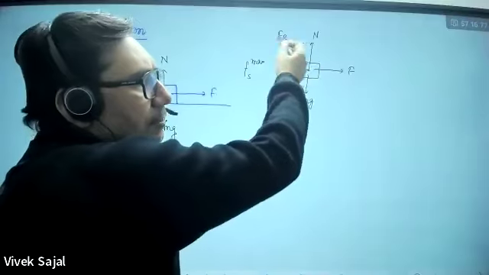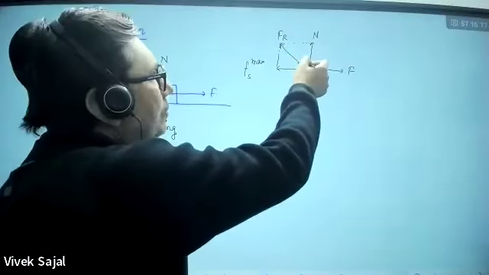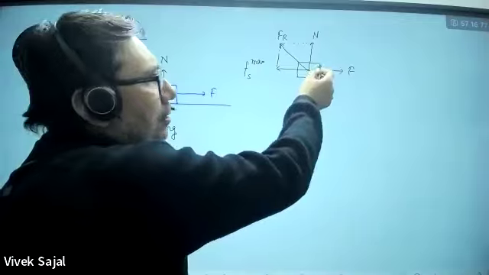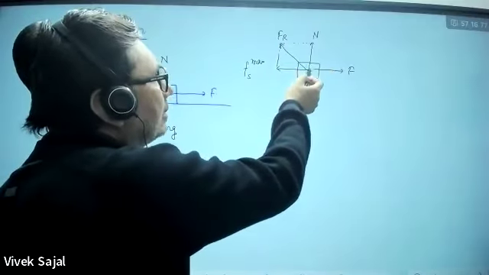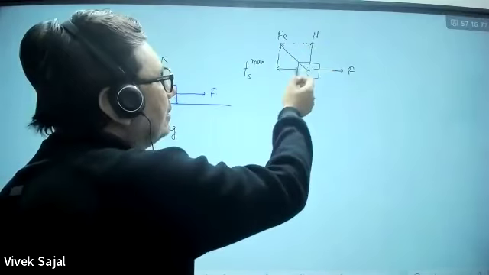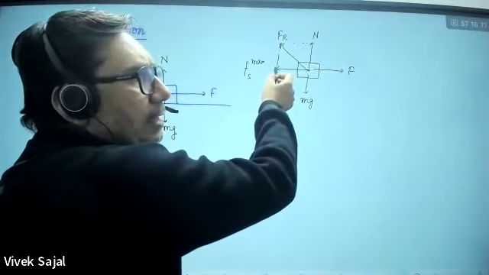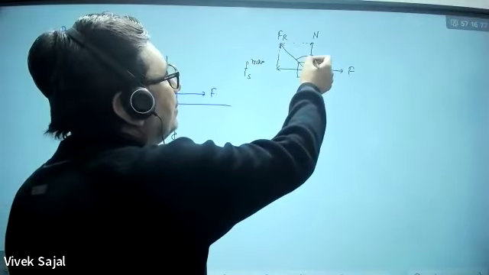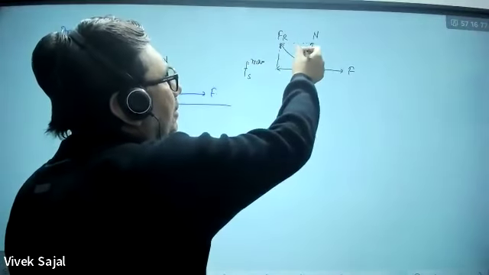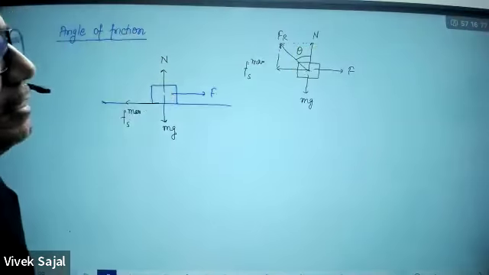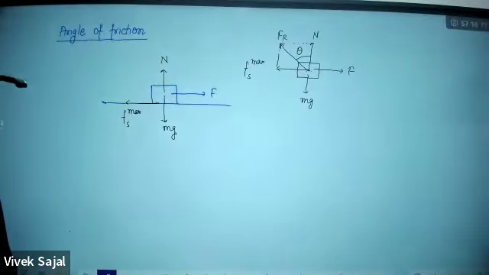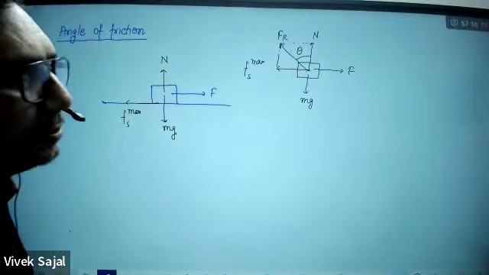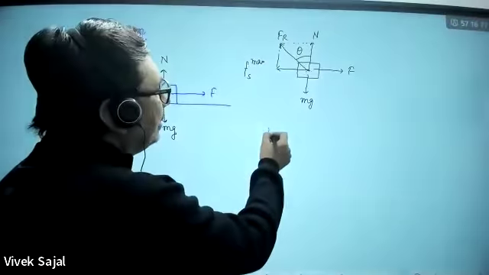This is the net reaction force acting on the block. One reaction is the normal reaction, another is the friction force. So the resultant of these two is Fr. Then the angle between this Fr and the normal reaction is called the angle of friction.